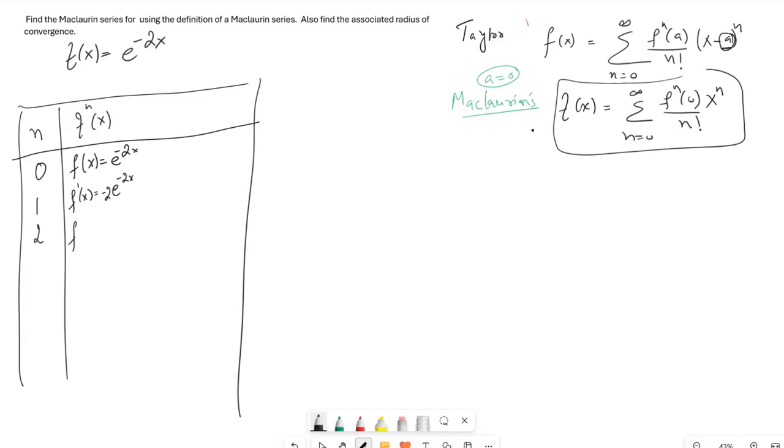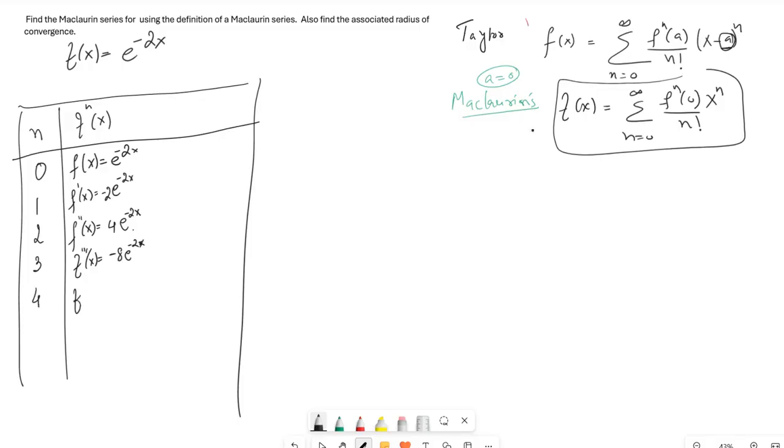For n equals 2, the second derivative is e to the power negative 2x times negative 2 times negative 2, which is 4. For n equals 3, the third derivative is negative 2 times 4, which is negative 8.